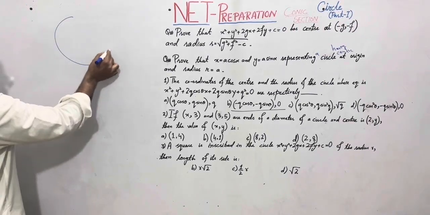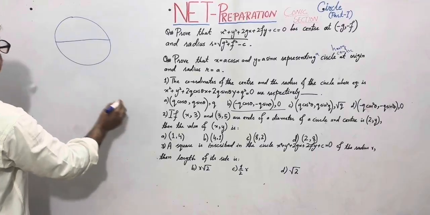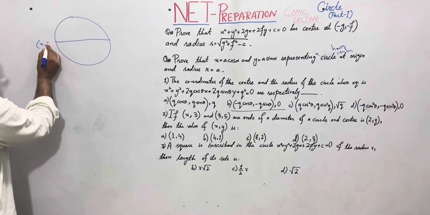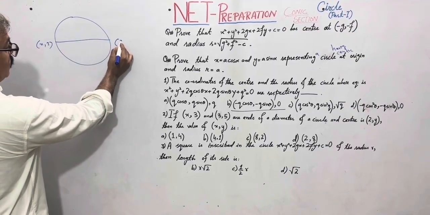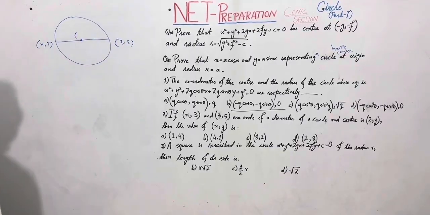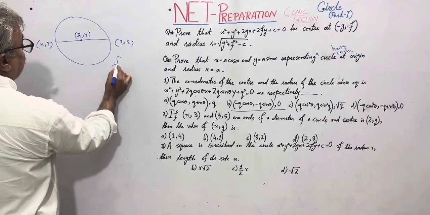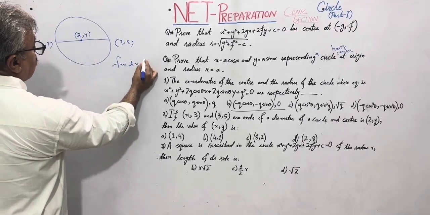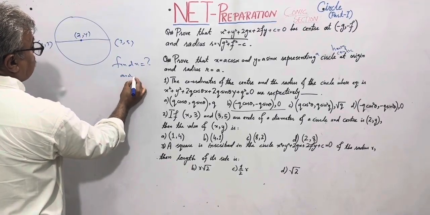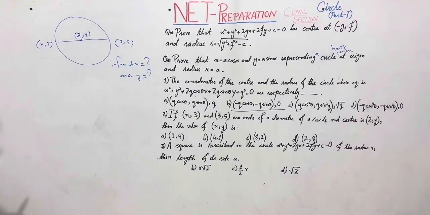We are given a circle whose diameter end points are (x, 3) and (3, 5), while the center is at (2, 1). Find x as well as y.